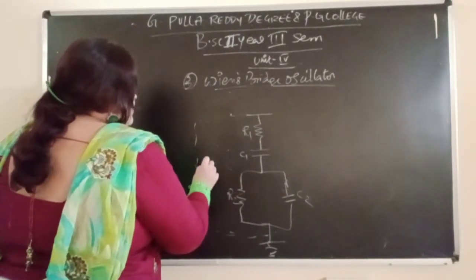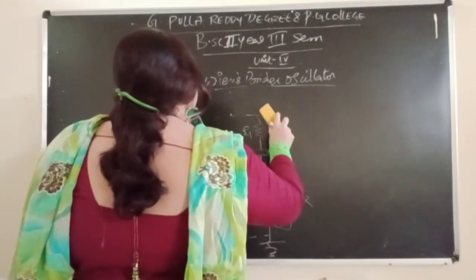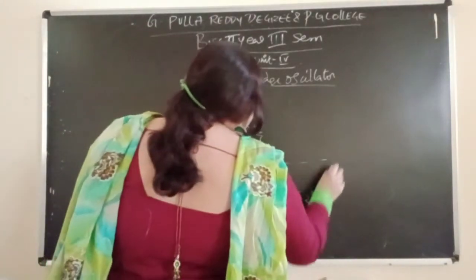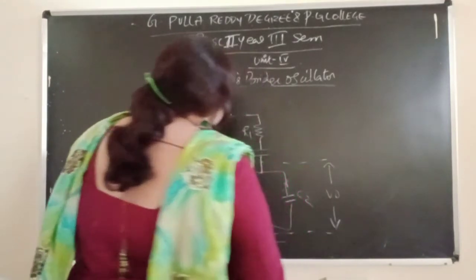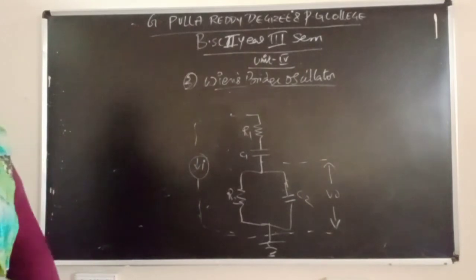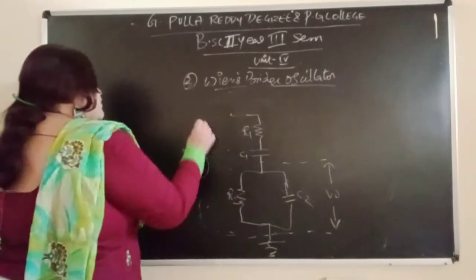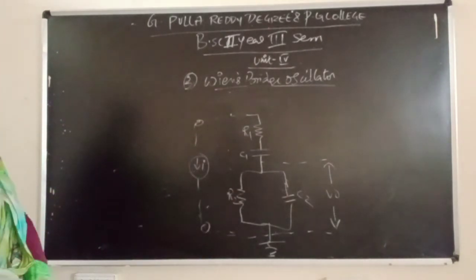This is Vi, and from here you can take V out. See the diagram: V out and Vi.